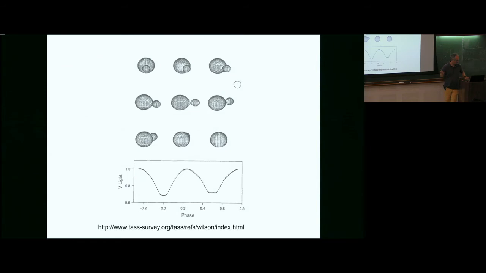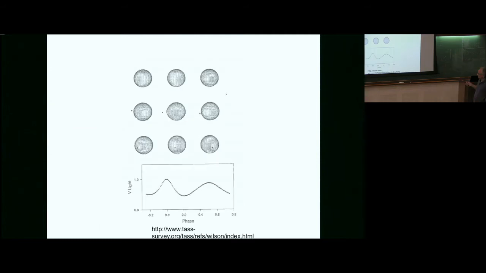But there are also examples where you have a giant and a compact object, and in the visual you just see the slight distortion of the shape of the companion star, which in this case is not really filling the Roche lobe.